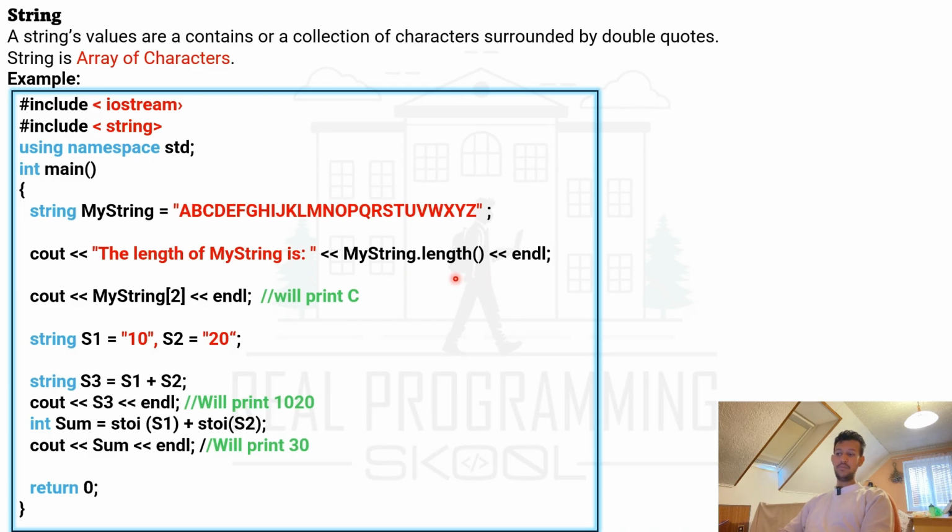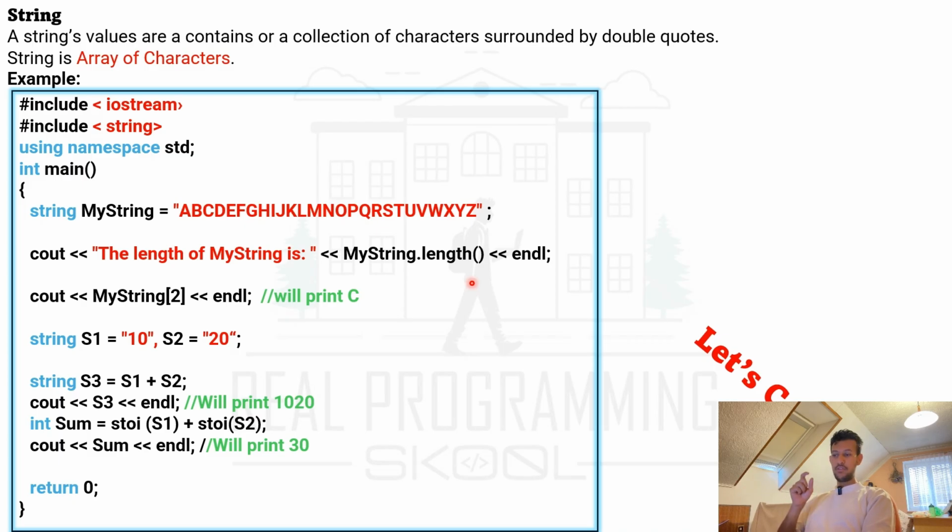What will it give me? It will give me the number of characters inside the string. How many letters belong to the English language? 26. So the compiler will print on the console screen 26, because the English alphabet has 26 letters from A to Z. All right, myString dot length with two brackets.